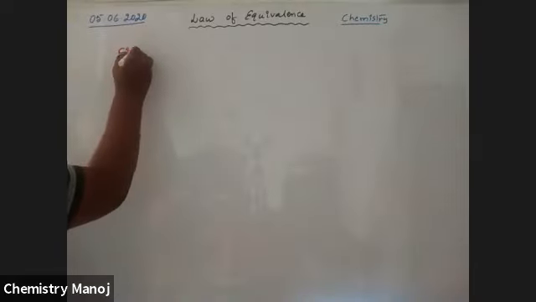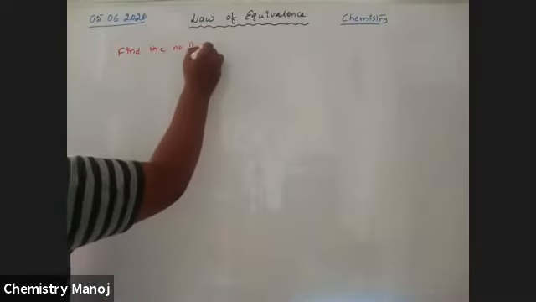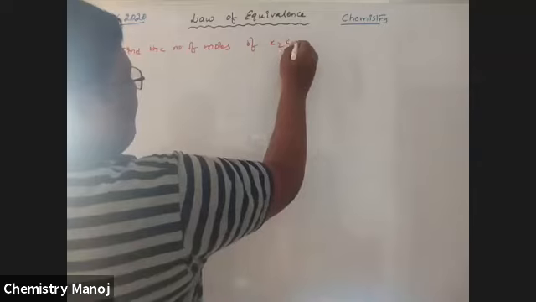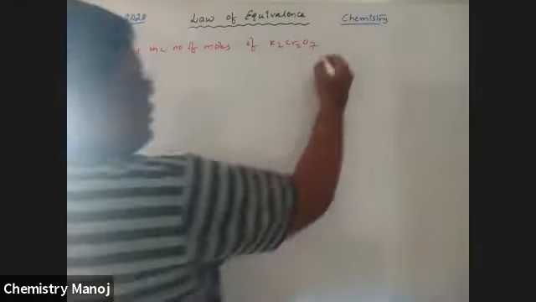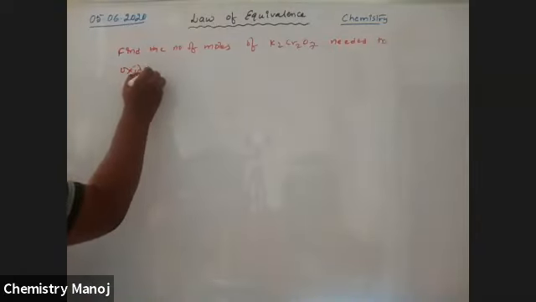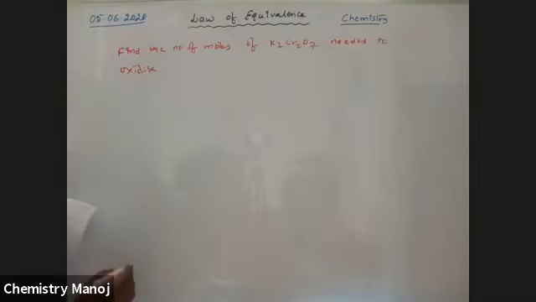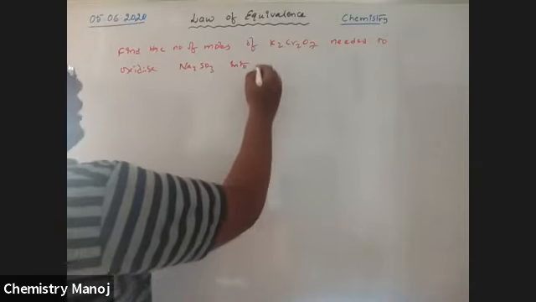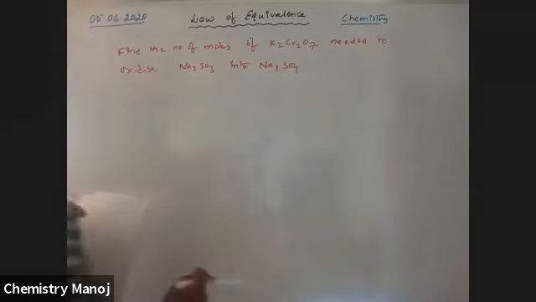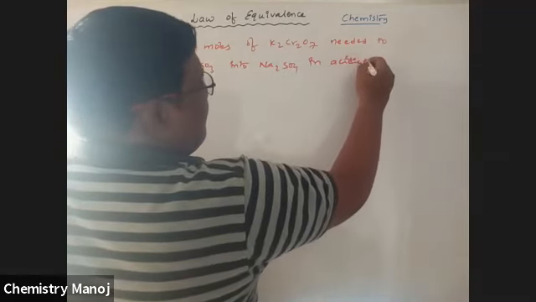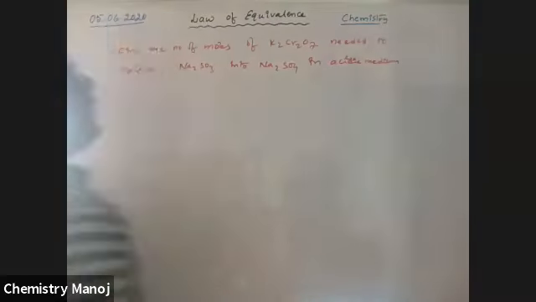Find the number of moles of K2Cr2O7 needed to oxidize Na2SO3 into Na2SO4 in acidic medium.